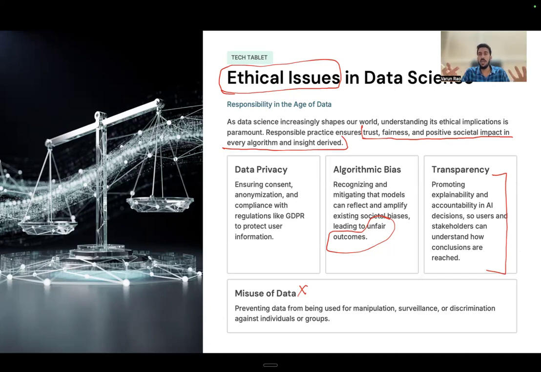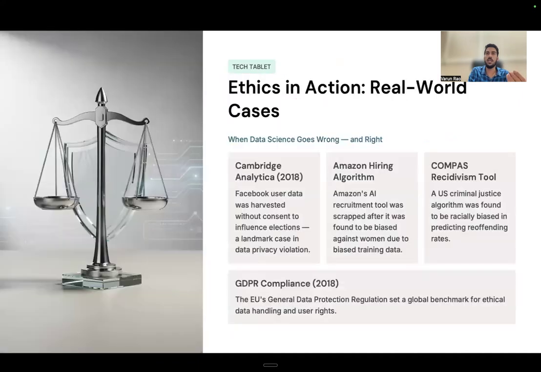Now, if you are morphing those images just for your satisfaction or for fun, that becomes misuse of data, because you are manipulating the original information and posting it. So this is exactly what we are fighting now with Gen AI. And I hope you all know what I'm talking about. We have so many actresses and actors who have already been targeted, with their images morphed, which is completely unsafe and not fit for society.